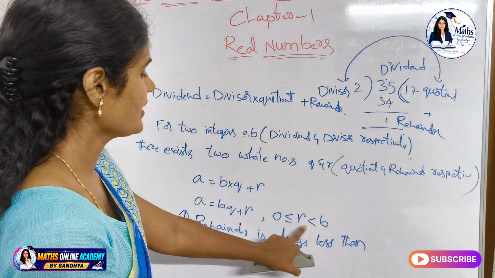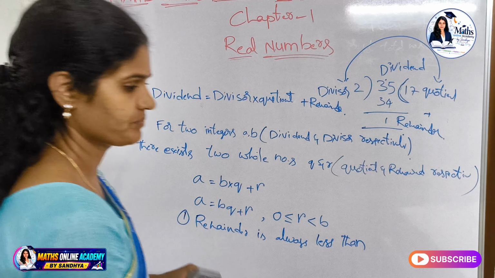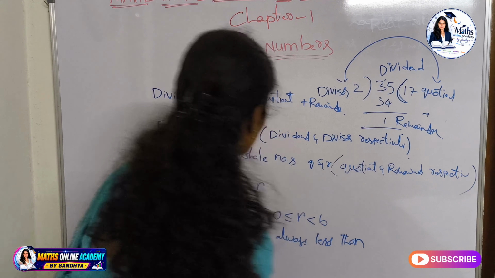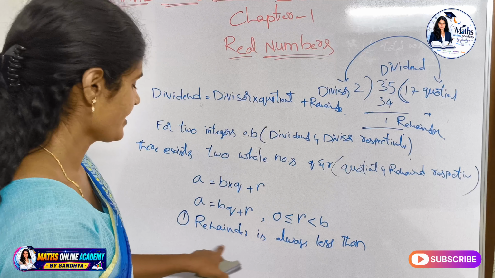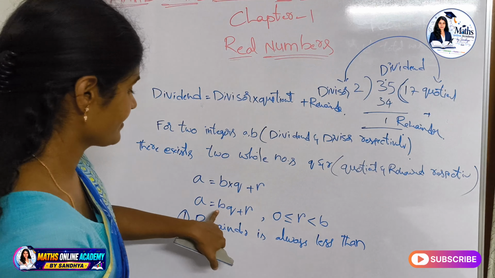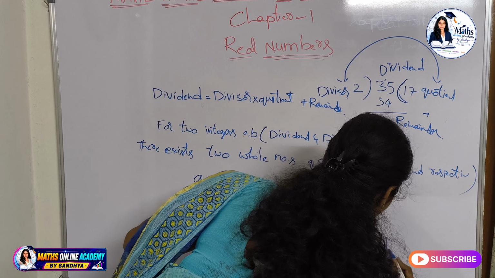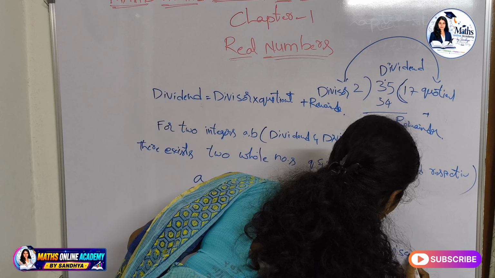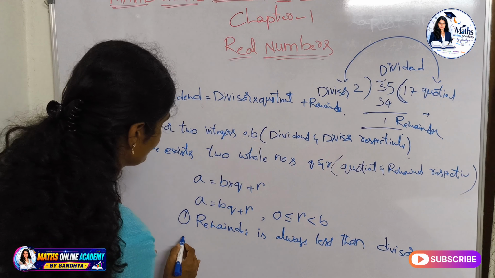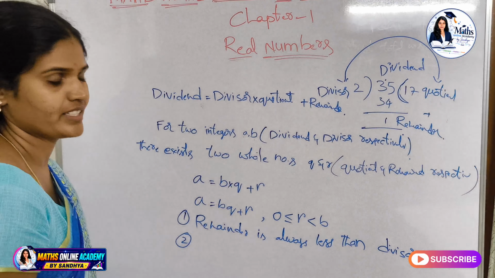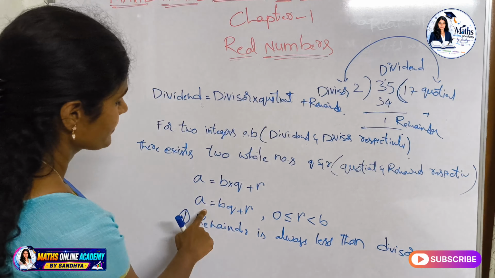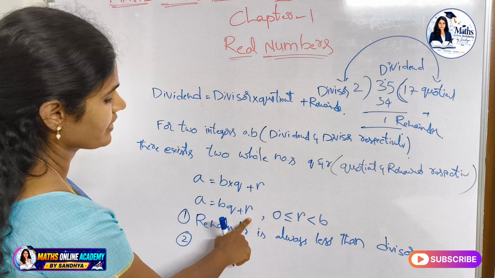Remainder is always less than, what is this? Divisor. Remainder is always less than the divisor. And the famous formula: A equal to BQ plus R.